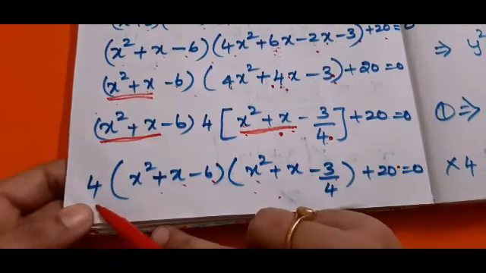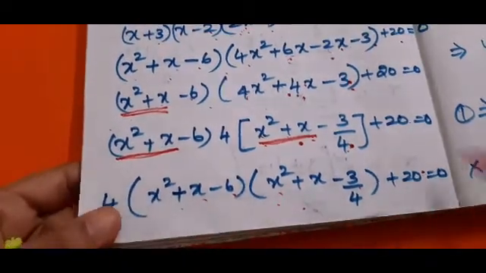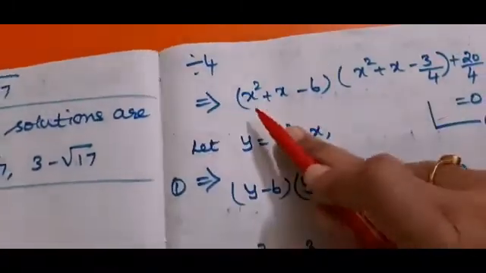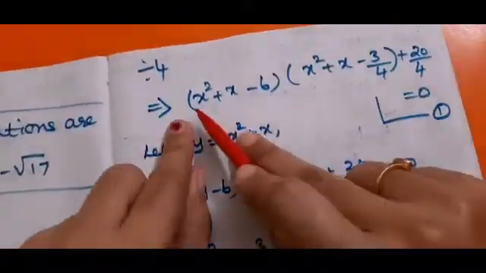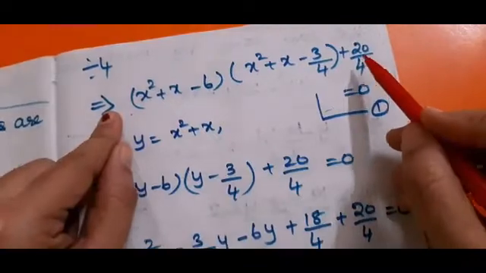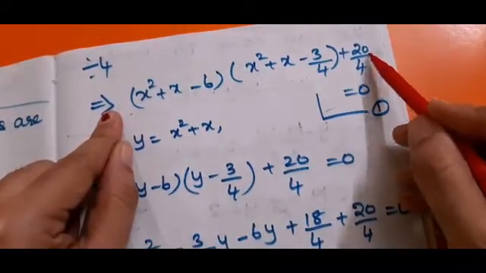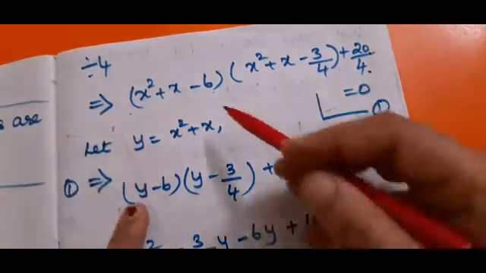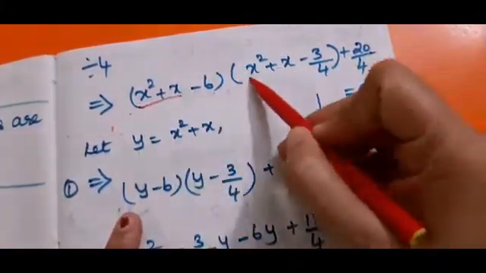So, I can divide by 4 on both sides. If I am dividing by 4 on both sides, here 4 will be cancelled. Here I have 20, so 20 by 4 I should write. Then these two terms are same.